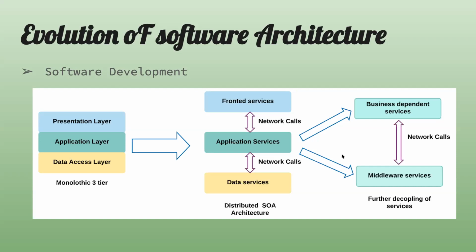The presentation layer is the place where humans interact with the software, and it contains all the UI components, how data is represented, the data views, and endpoints for humans to interact with the software.